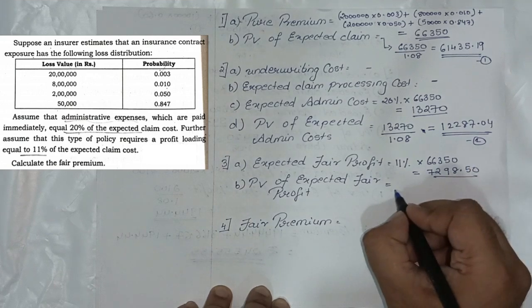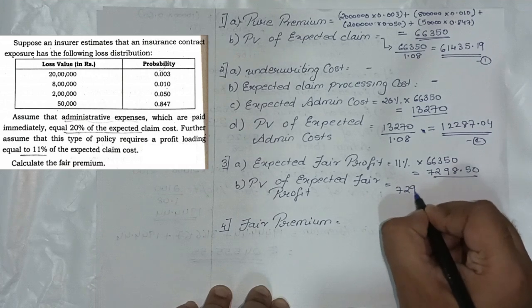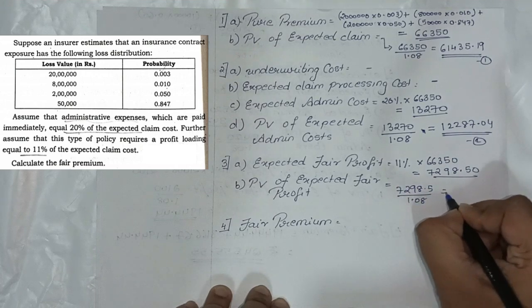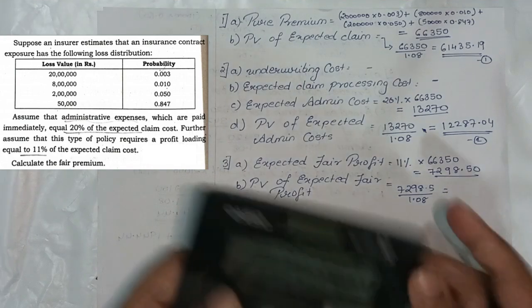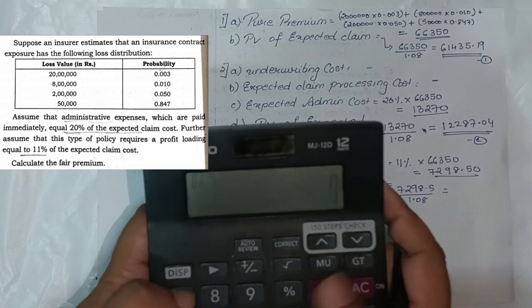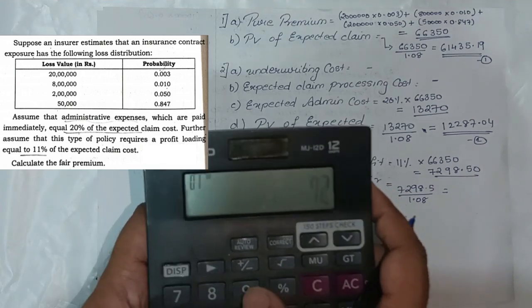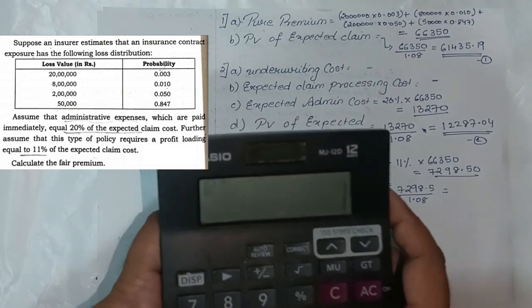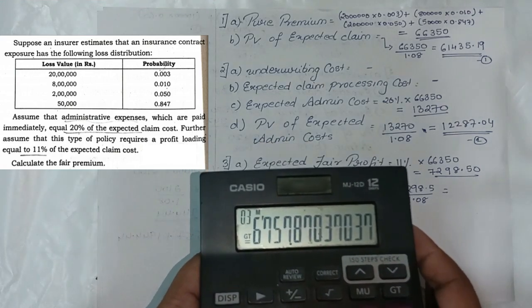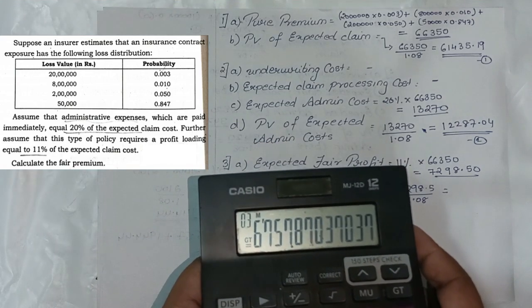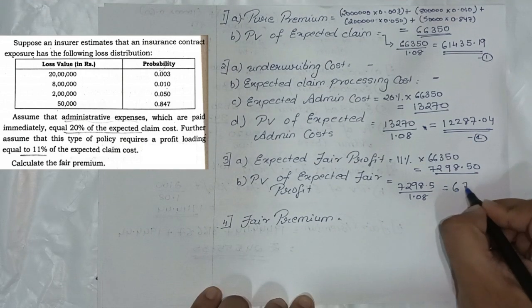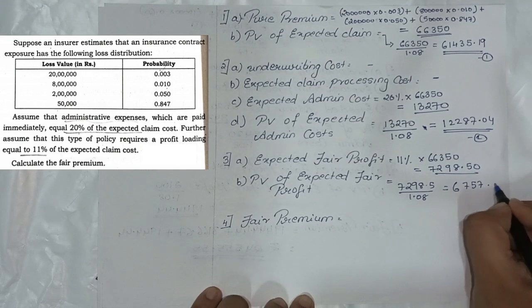Once we get that, we can get the PV. So 7,298.5 divided by 1.08 comes to 6,757.87.